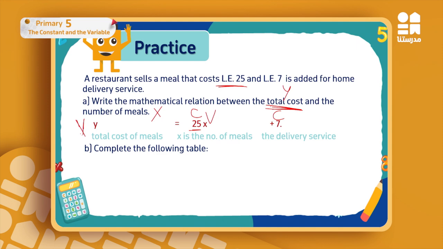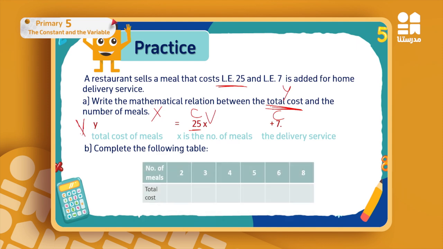Okay? Here we have a table and we want to fill it. Number of meals and total cost. Here, if I buy 2 meals, 3 meals, 4, 5, 6 or 8 meals, I need to know what my total cost is.